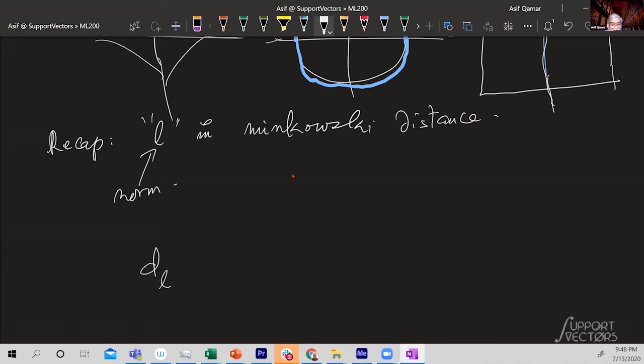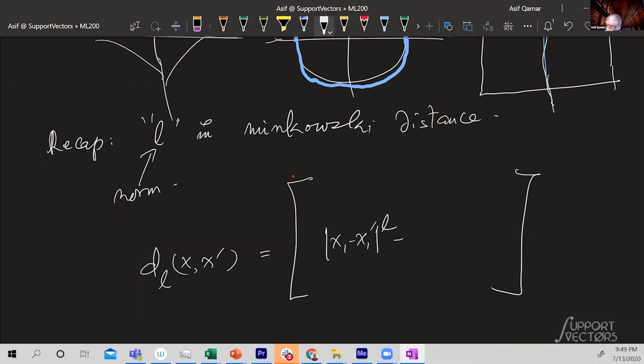The Lth norm, the distance between 2 points, is defined as a generalization of Euclidean distance. You take the absolute value of x1 minus x1 prime to the power L, plus the absolute value of x2 minus x2 prime to the power L, and you keep going on, but let's stick to 2 dimensions. Then take the 1 by L power, the Lth root of this, where L can take values from 1, 2, 3, all the way to infinity.